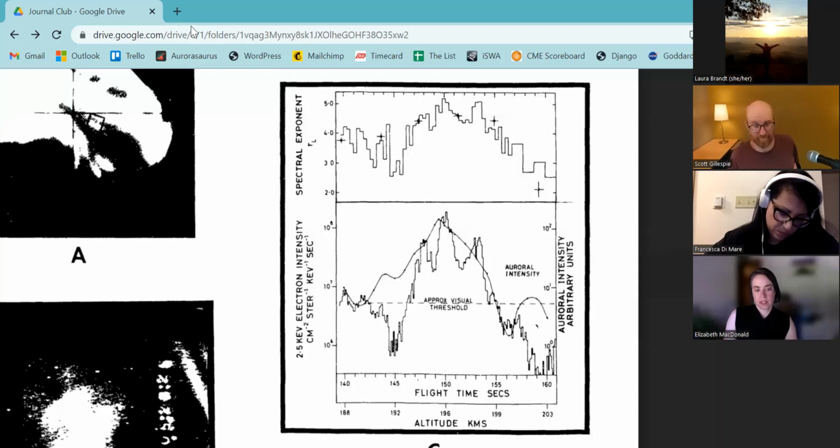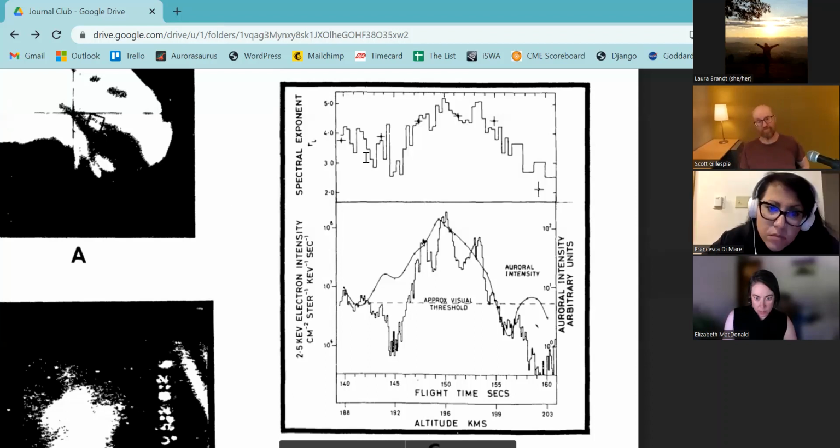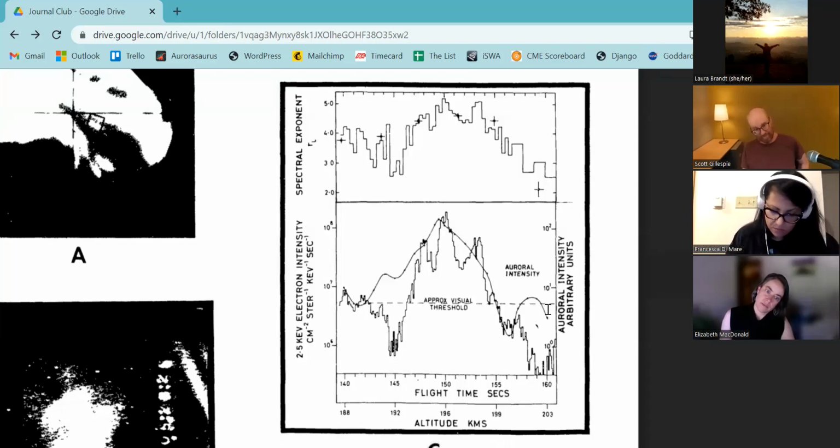What we care about here, maybe I should have started with the other plot, is the dots that are kind of connected in a curvy line. That's the other line on the bottom plot. We're going to ignore the top plot. That line corresponds to the right-hand side, auroral intensity.